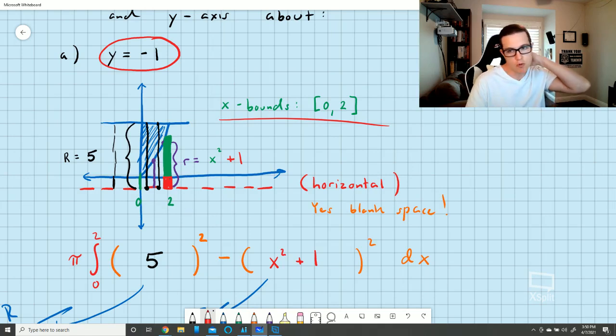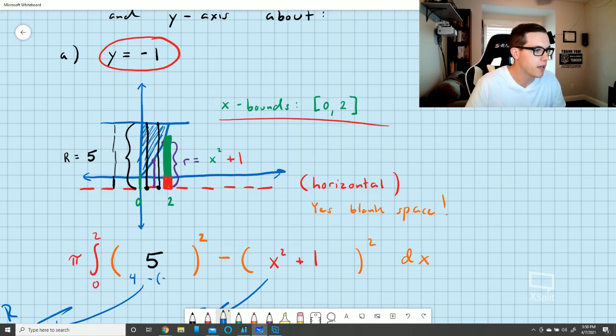So anytime you rotate around something different than the x-axis, your r is going to get either bigger or sometimes smaller. Got to really pay attention to how r is changing, how that distance is changing based on where we rotate it. Another way to think about this is if the top curve was 4, you can almost think about it as top minus the axis of rotation.